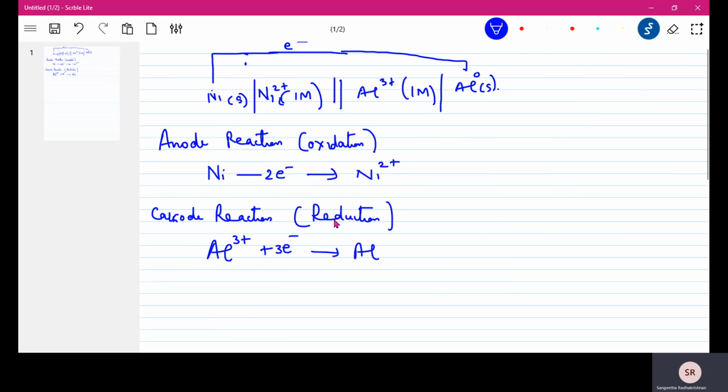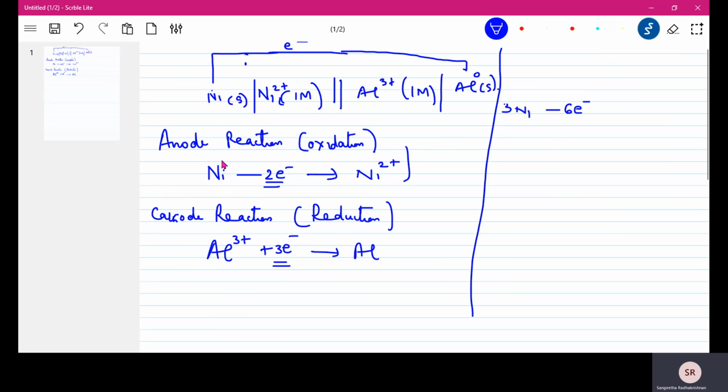But before adding, you have to balance the number of electrons. So what do I do? I got 2 electrons here. I got 3 electrons here. So I multiply this equation by 3, and I will get 3 Ni giving 3 Ni2 positive plus 6 electrons. So what did I do?